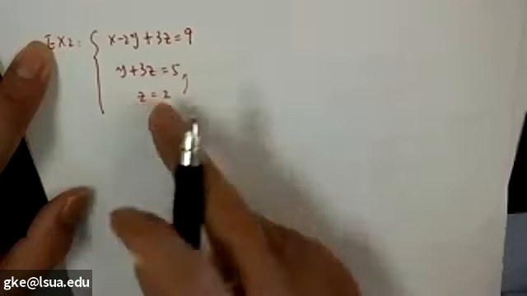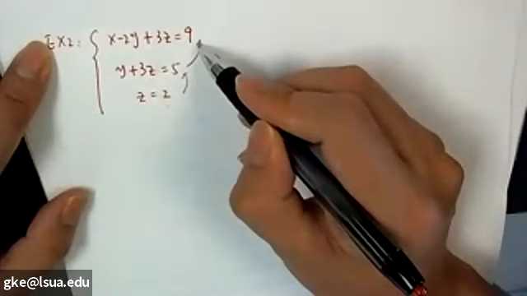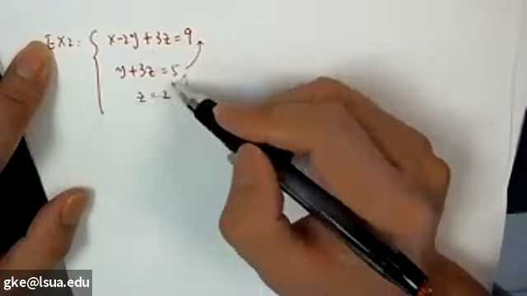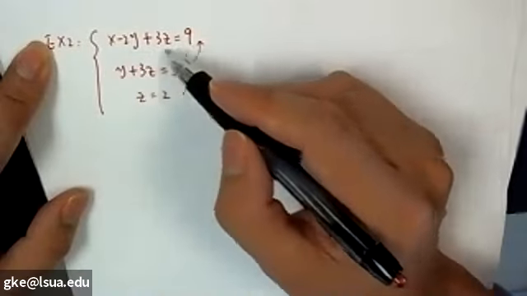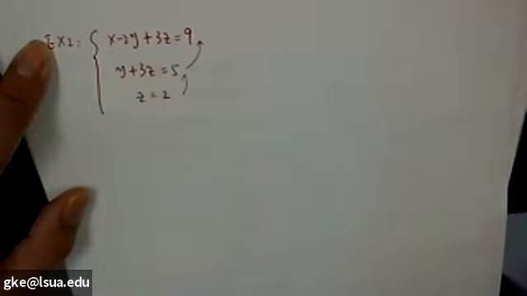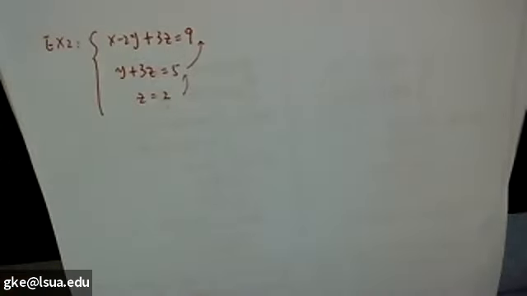After you get z and y, you can substitute these two into this equation, and you get the value x. That's the strategy, the way we call back substitution, right?